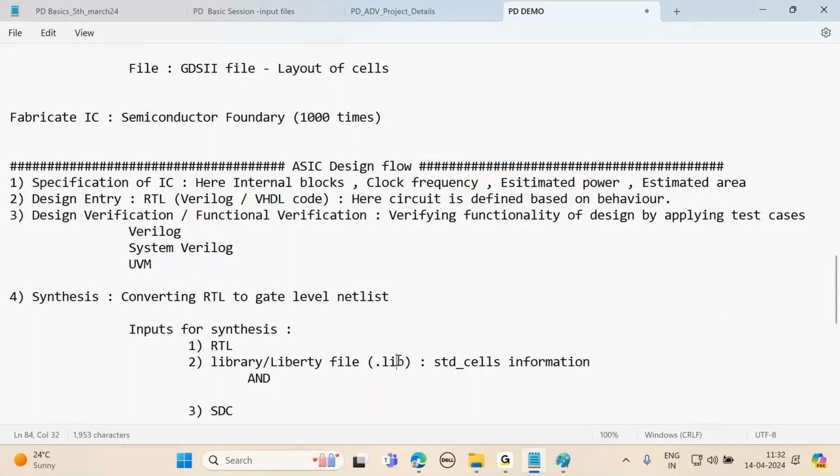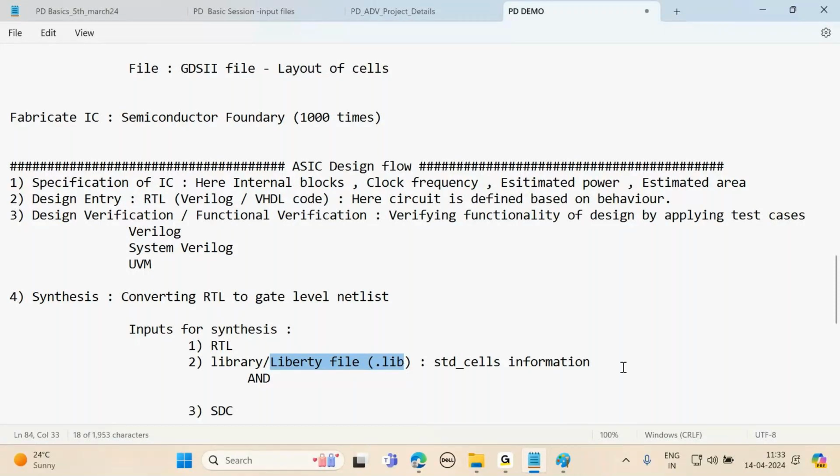They will get the SPICE level circuits from the foundry. The foundry gives SPICE level circuits to the PDK team, and that PDK team is going to create this library file. PDK means process development kit. So they are going to give this.